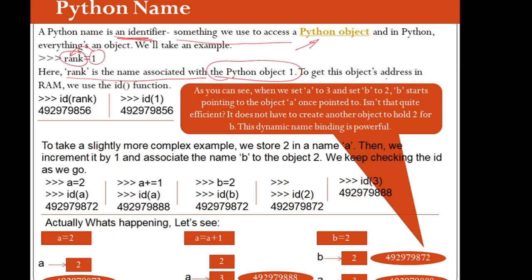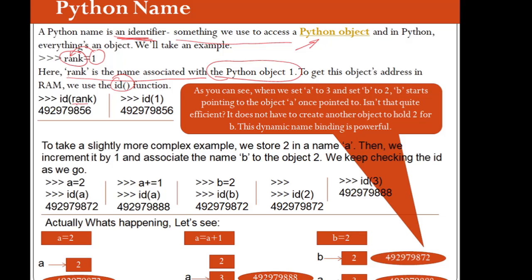To get this object's address in RAM, basically we are storing this 1 into memory, and we need to find which address has been allocated to store it in the RAM. So we have an inbuilt Python function, id, to find the address.